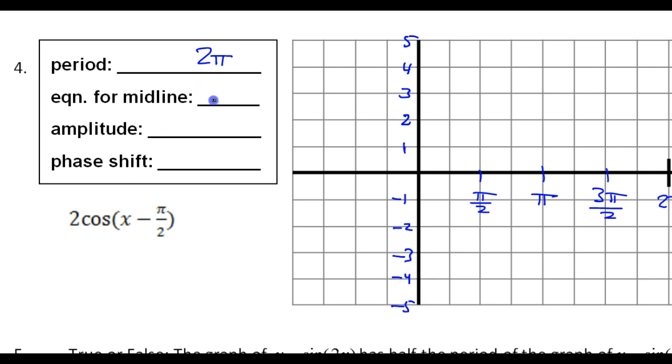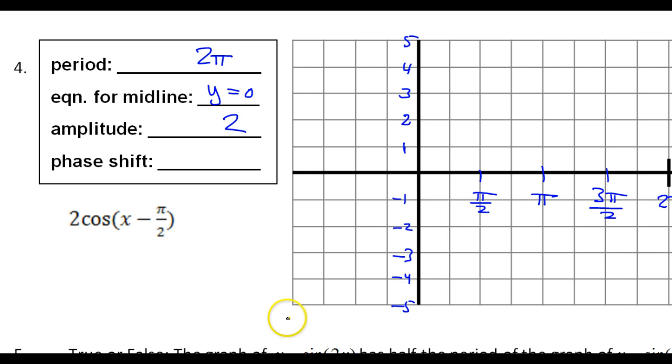Now, as far as the equation of the midline, it's still going to be the x-axis, y equals 0, because there's nothing being added on here. So y equals 0. Now the amplitude is going to be 2, alright, because of this right here.